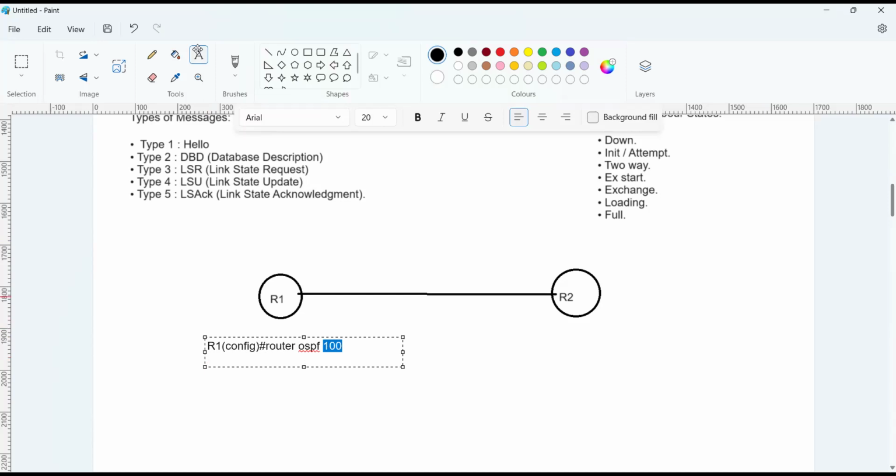Even if the process ID mismatches, the neighborship will be established. Yesterday we discussed that EIGRP needs an AS number, and the AS number must match. If the AS number is not matched, then the routers do not establish a neighborship. But here the neighborship will be established.